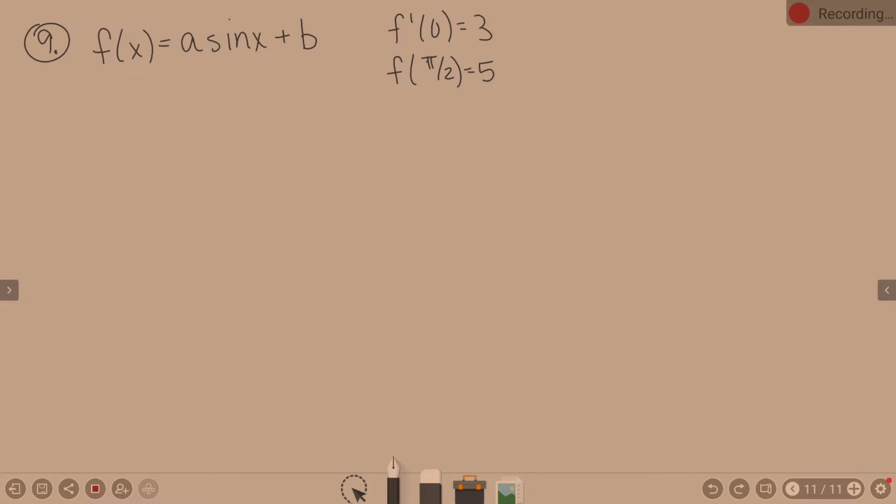Okay. We're given the original function. We're given information about a point on the derivative, and we're given information about a point on the original curve. So we can start wherever you want here. But we're going to have to look at the original curve using this point, and we're going to have to look at the derivative using that point.